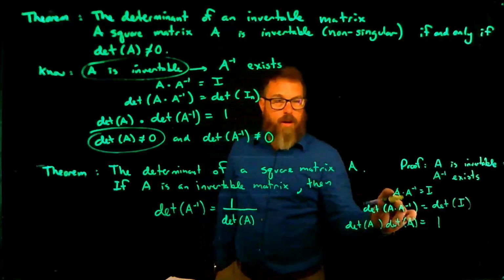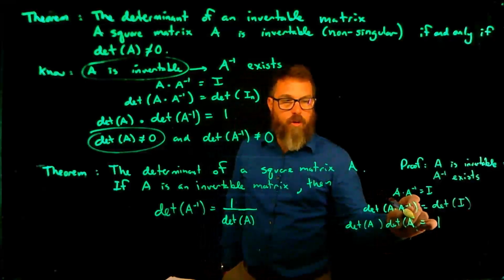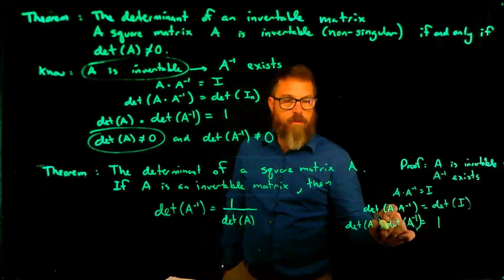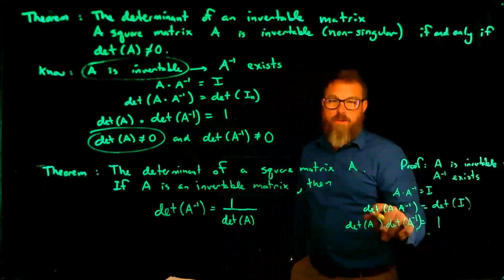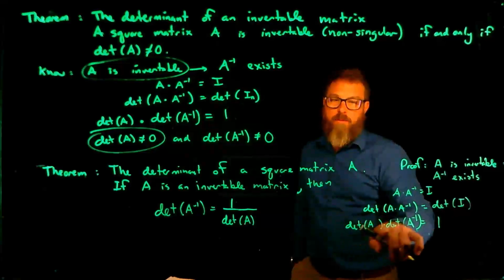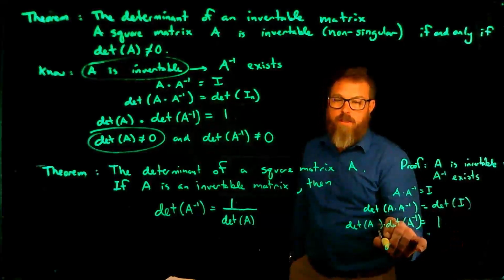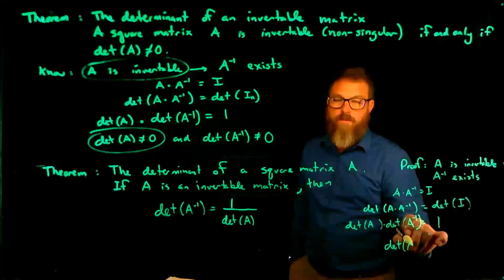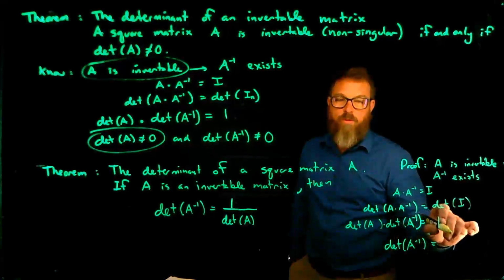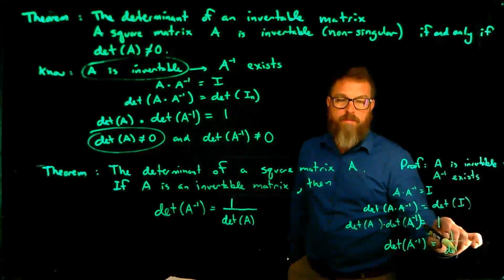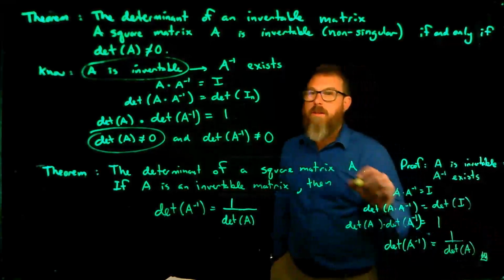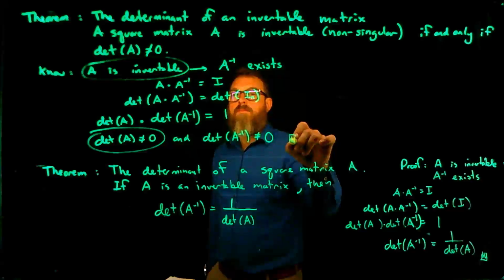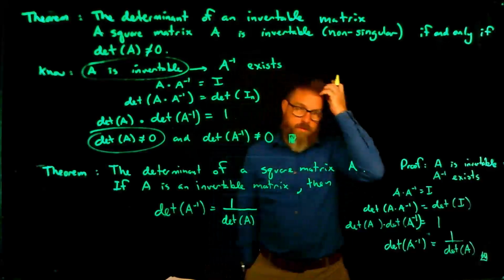Now remember that what I'm trying to show is I'm trying to solve for that thing right there. So since this is multiplication, I can divide both sides by the determinant of A, so I can say that the determinant of A inverse is nothing more than 1 over the determinant of A. Proving that. The little square just means that the proof is done.